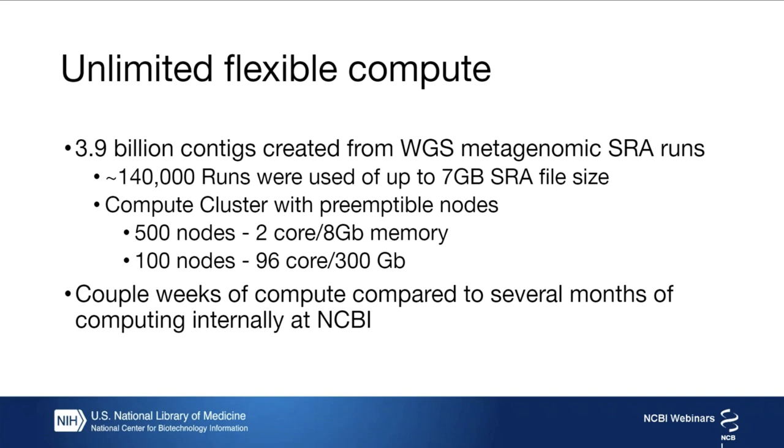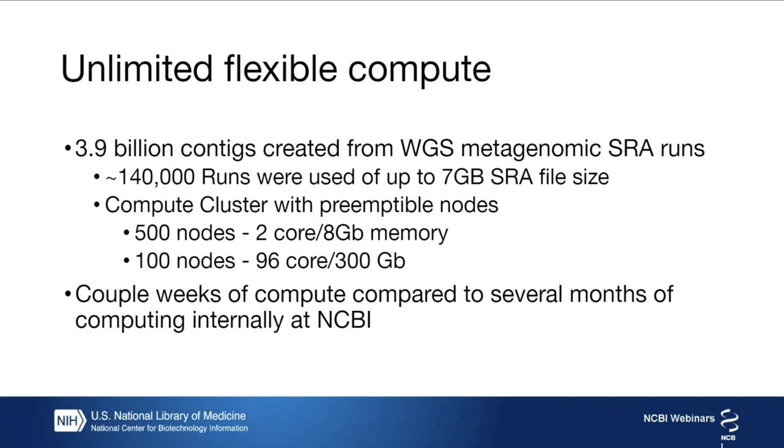Well, why did we do it in the cloud? It only took us a couple of weeks to do this in the cloud, but we knew that if we tried to do this internally at NCBI on our high computing cluster, it would take us several months. So you can see the large change there, from a couple of weeks to several months of computing all of these contigs.